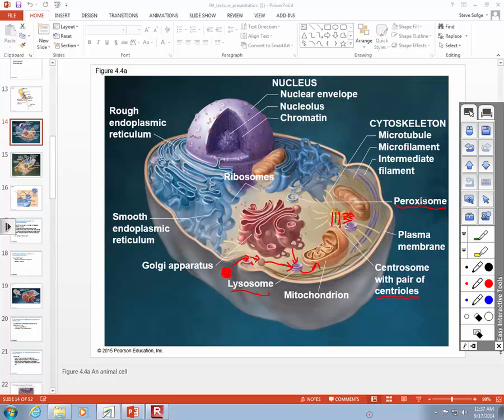And they do play some role in animal cell division, but plant cells do not even have them. They're manufactured within an area called the centrosome. So the centrosome is where that would be assembled.